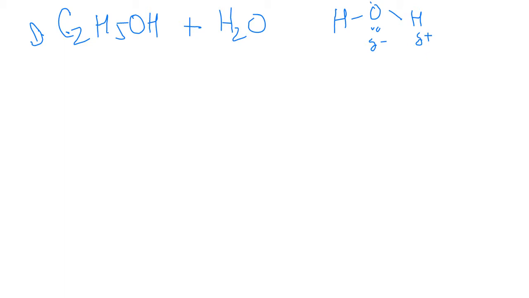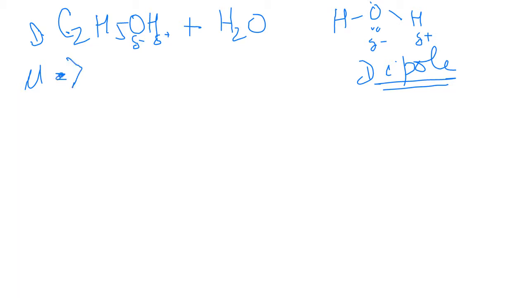Similarly this is negative and this is positive, so this is already a dipole. Once it is a dipole, the dipole moment is greater than 1. So it means they will make a solution.